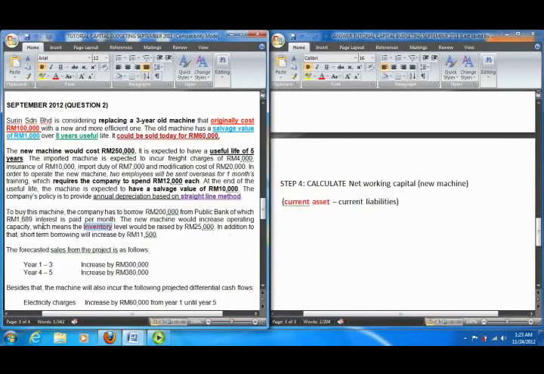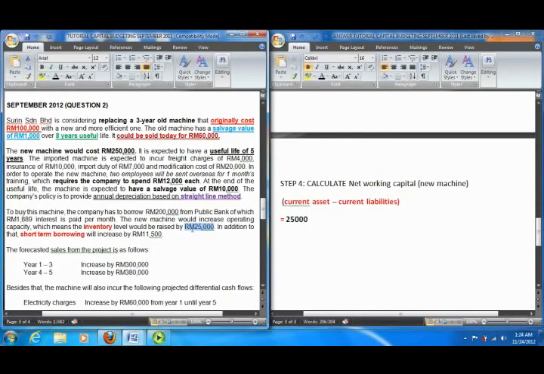Next, in addition to that, short-term borrowing. Which category does short-term borrowing classify under? It is considered a current liability. Correct, class? That means you can substitute the information directly. So your current asset is 25,000.